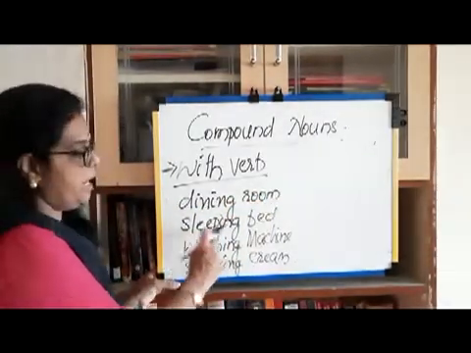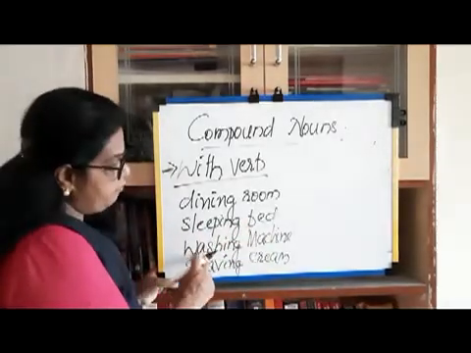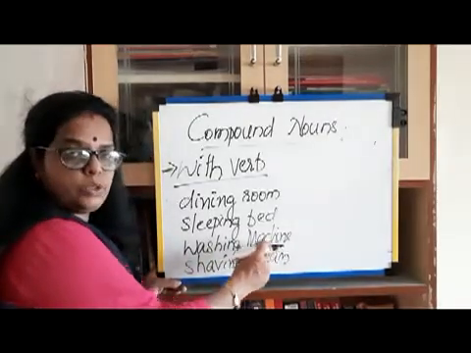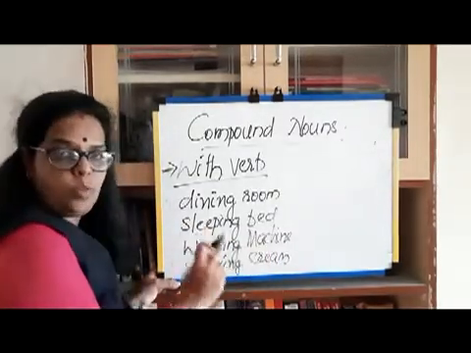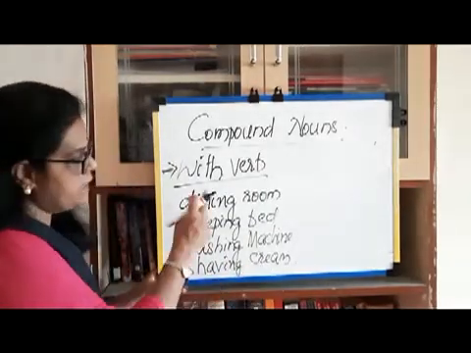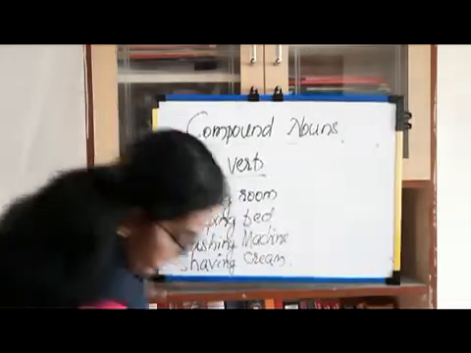Sleeping is a verb and bed is a noun, so sleeping bed is a compound word. Washing is a verb and machine is a noun, so washing machine is a compound word. And shaving cream. Clear? So we make compound nouns from the verb.